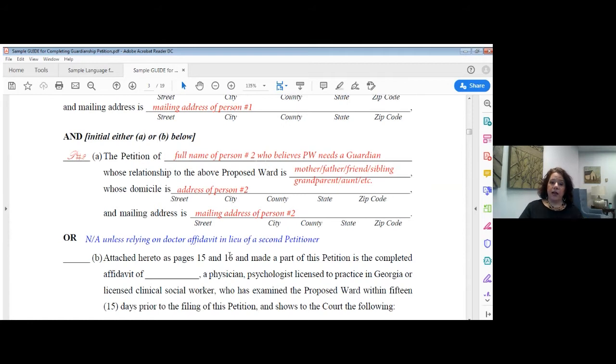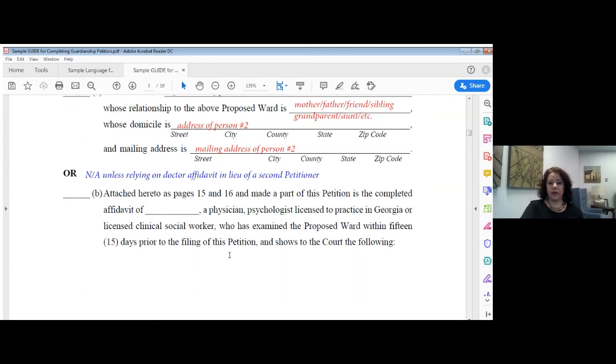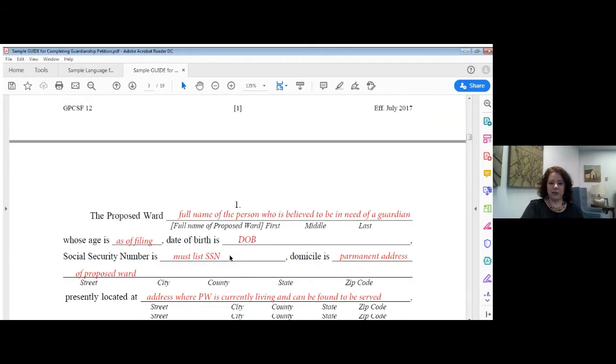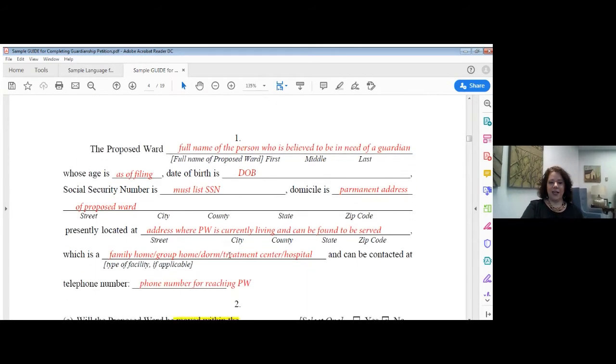But hopefully you're able to find somebody, and we can just go with option A here. So petitioner number 2 would initial to the left of the A, and then provide the same information: who they are, what their relationship to the proposed ward is, and where they live and where they receive their mail. That completes the first page, so congratulations, moving on down.